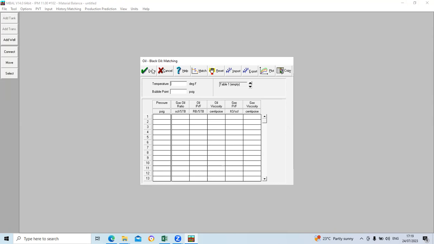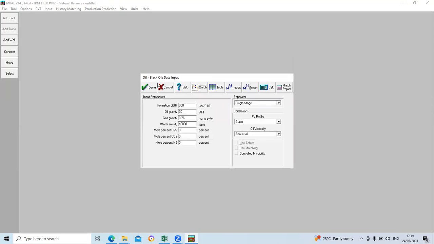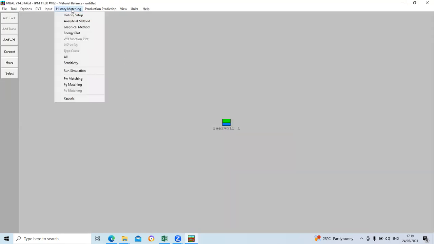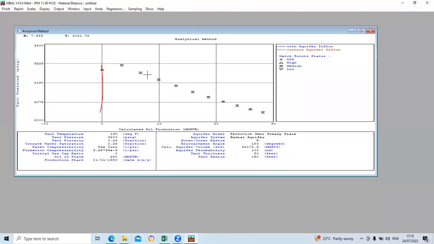Because of the lack of this PVT data, we go to our analytical plot and we are seeing only the case without aquifer influx. We need to have it with aquifer influx. If we don't have that PVT matching, we will not have that one. Since our reservoir has an aquifer, our interest is not in matching this one, because this is the simulation without aquifer.